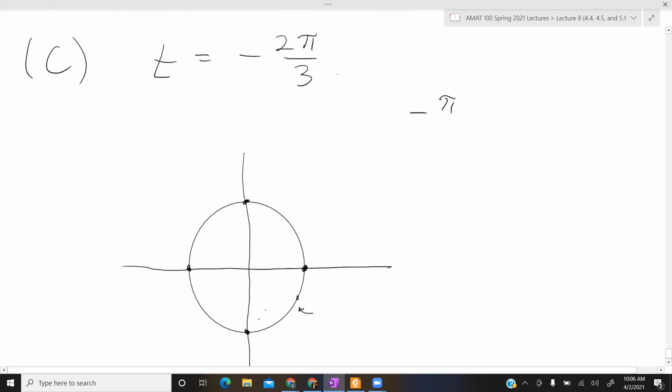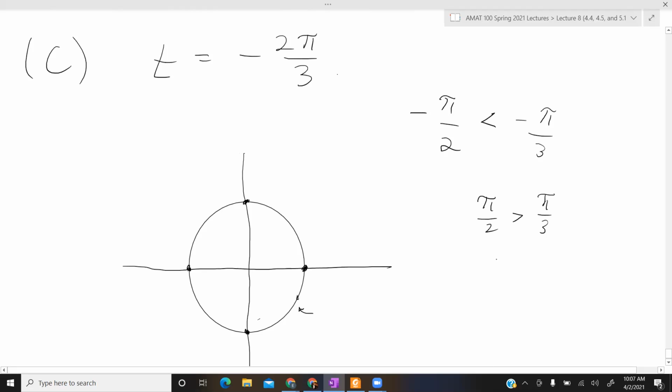So this is negative pi over 2. This is true if and only if I multiply both sides by negative.